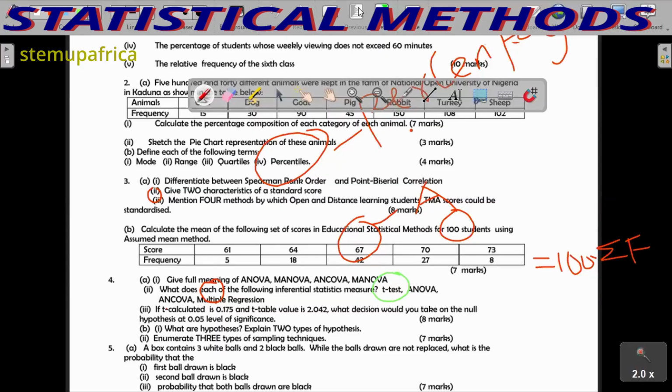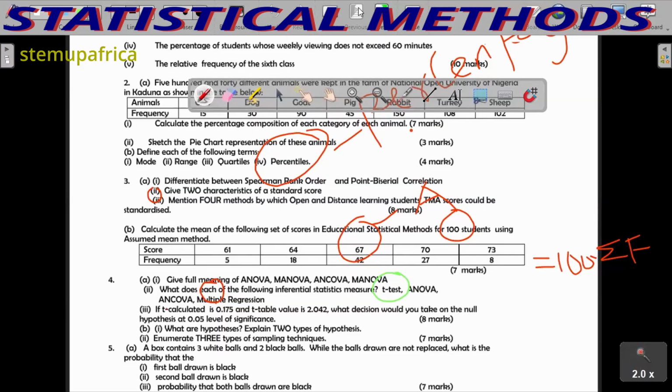They also have a t-test table value. It's present in the four-figure table; go back on the four-figure table and you will see the T table. The T table shows that the value is 2.042.